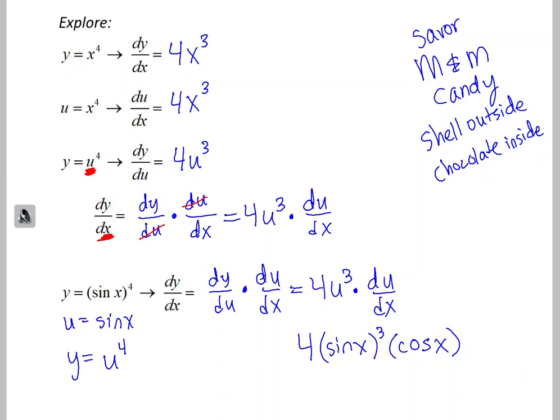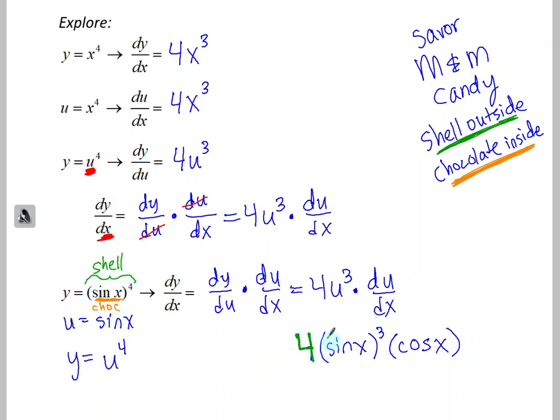So if we think of it like this, the outside shell of this function is the part that's surrounding the function that's to the fourth, like x to the fourth or u to the fourth. That part is our shell. Then you've got the chocolate inside. The chocolate inside of our function here is sine of x. That's our chocolate. So first, we eat the shell, meaning take the derivative of the outside.